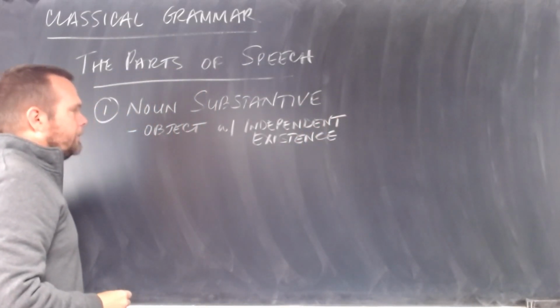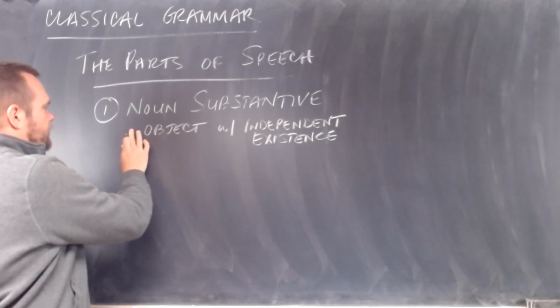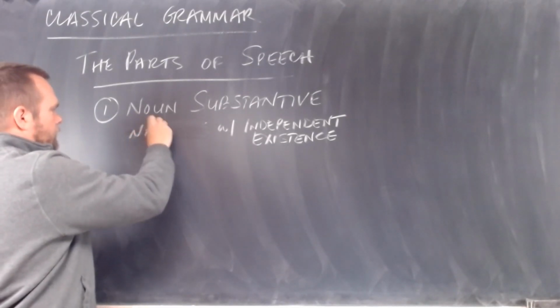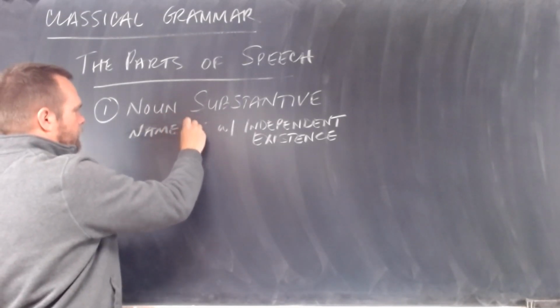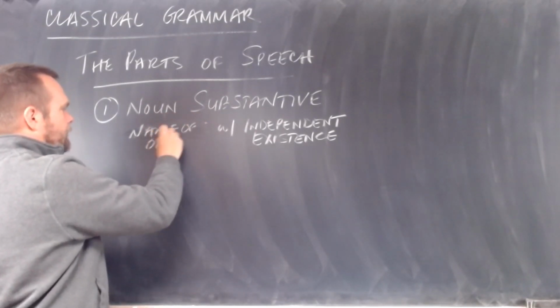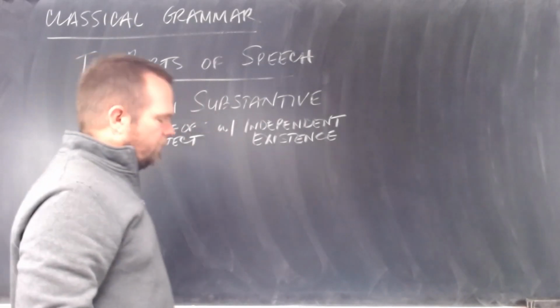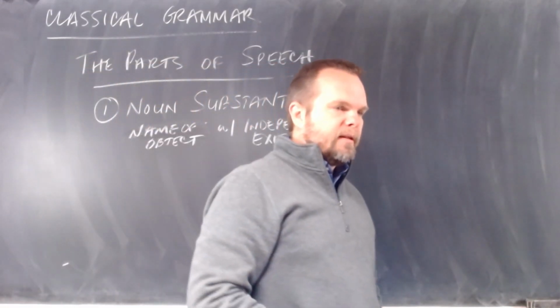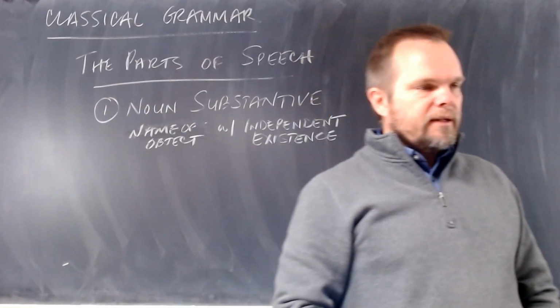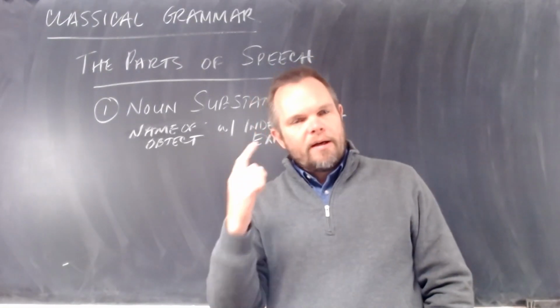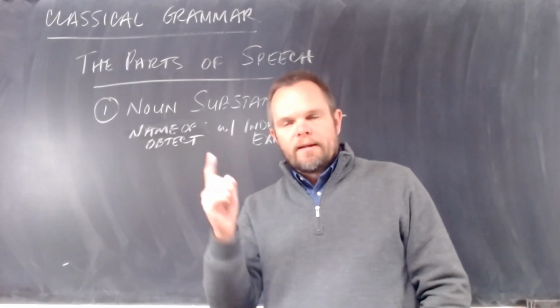The name of an object, I actually should make sure I make that clear. The name of an object, not an object, but the name of an object. The name of an object with independent existence is called a noun substantive. And we have to keep reciting that to get that whole idea in our mind.